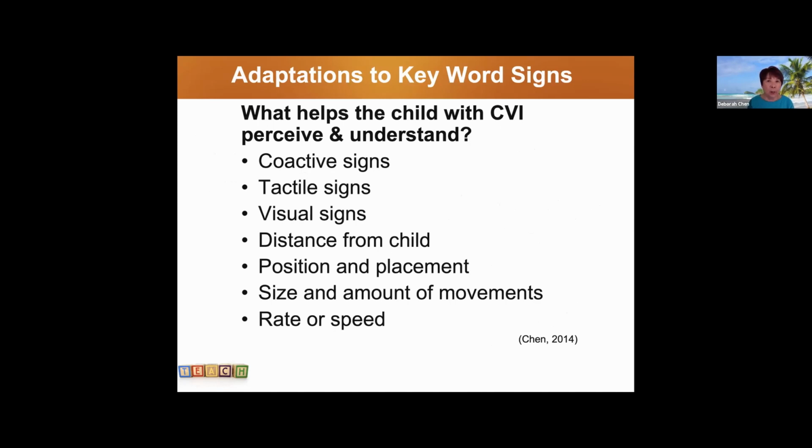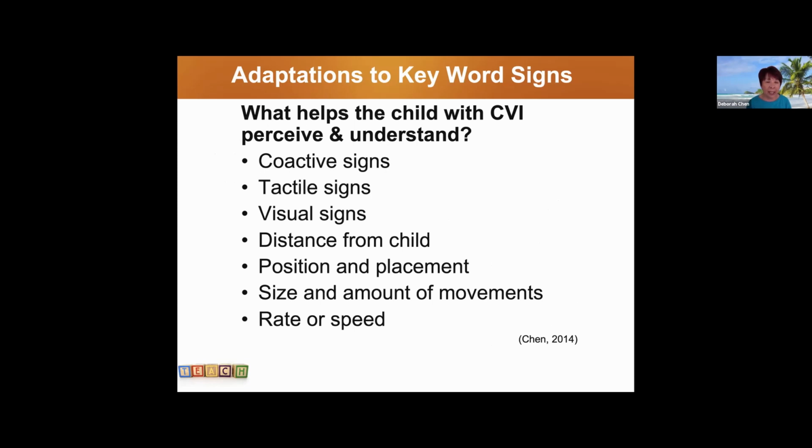We may also need to adapt these keyword signs for a child who has CVI and additional disabilities. Think about what will help the child perceive and understand them. Do we need to use coactive signs for when the child is expressing herself?